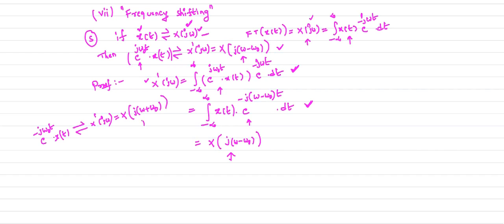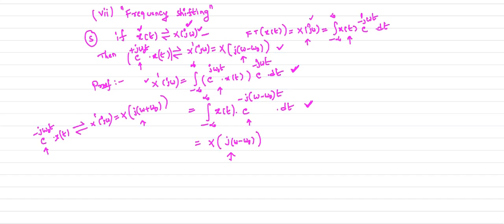So if you multiply your time domain signal by e^(minus j omega naught t), the corresponding signal in the frequency domain is shifted to the left by omega naught units, because here we got the plus sign.